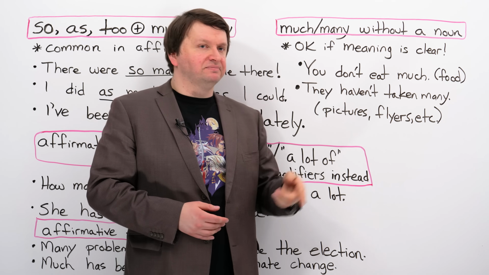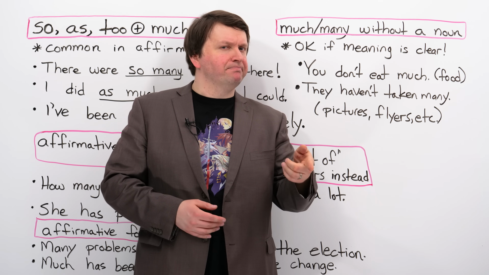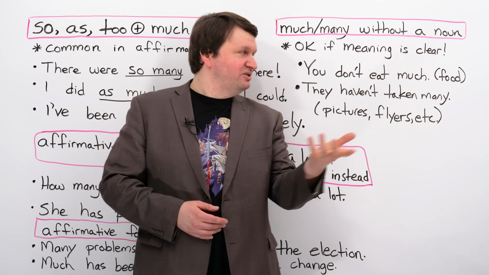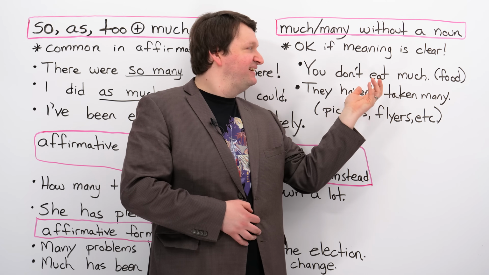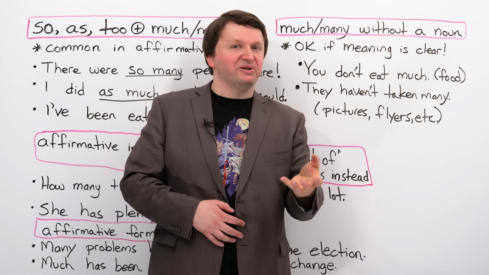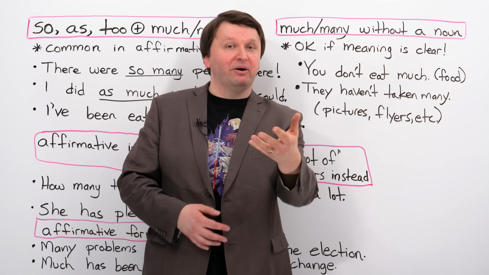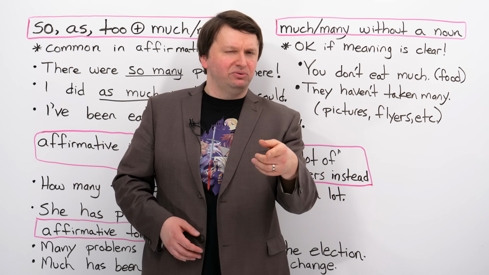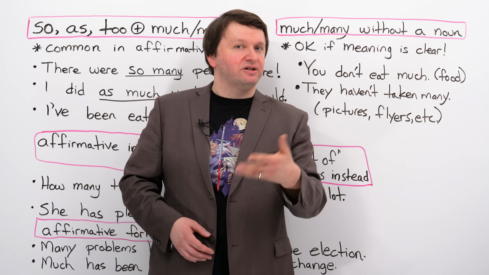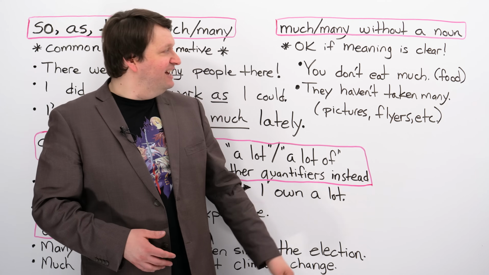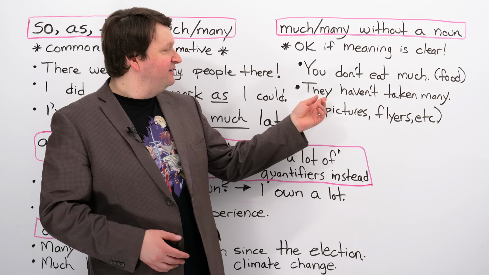For example, you don't eat much. Okay, so you don't need anything after much because people understand that you eat food. So if you comment about your friend and you say, you don't eat much, the meaning is you don't eat much food, okay? You can say, you don't eat much, okay?